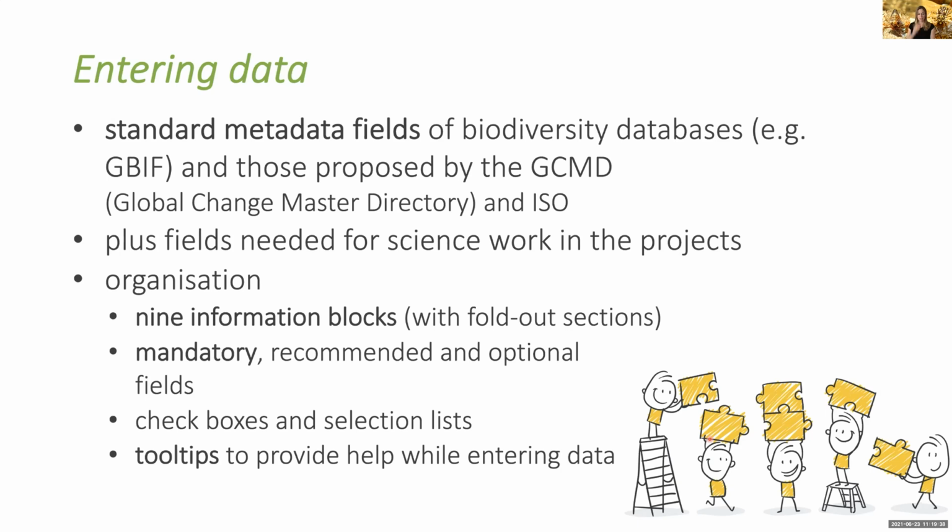We have divided the fields that you need to fill into mandatory, recommended, and optional fields, and these are all marked in different colors. And then we have tried to integrate as many checkboxes and selection lists as possible so that data entry really goes fast. And we also provide some tooltips in case you don't know what to fill into the field. You can use the tooltips to see.